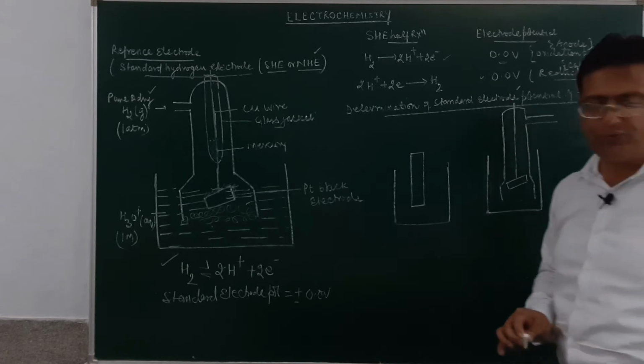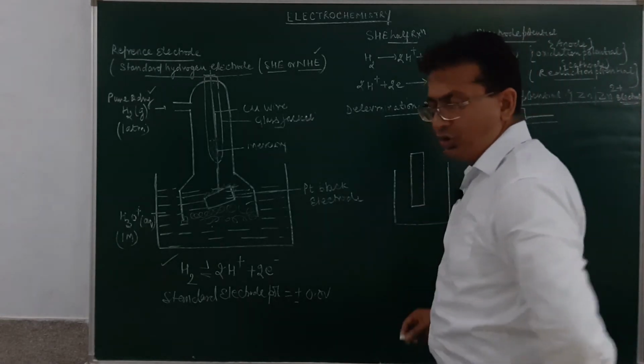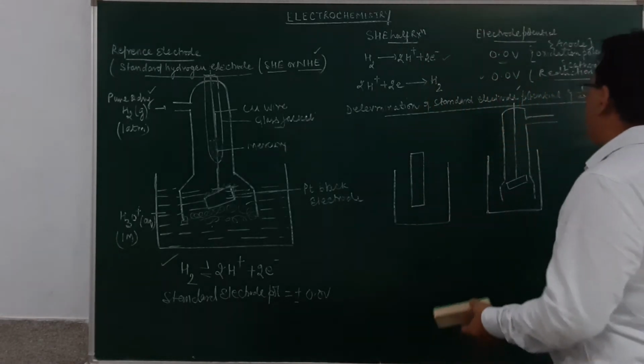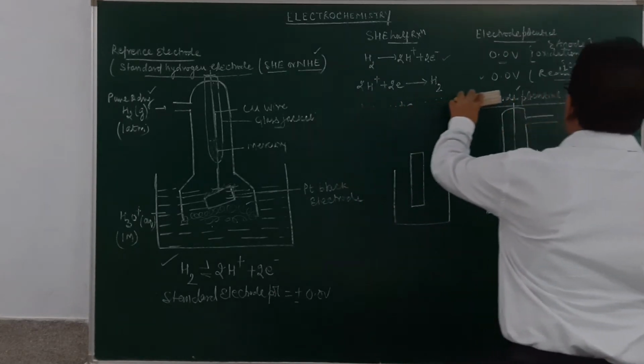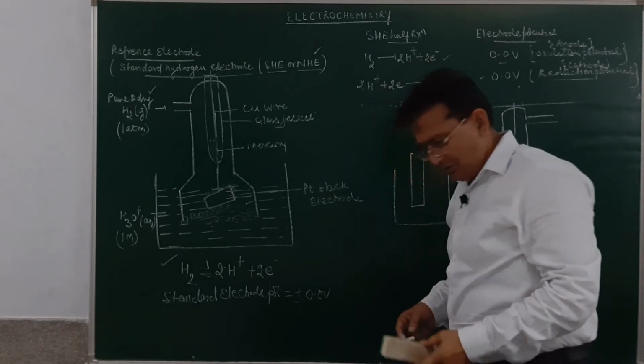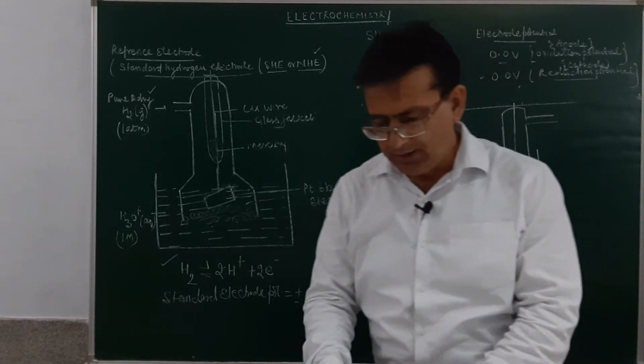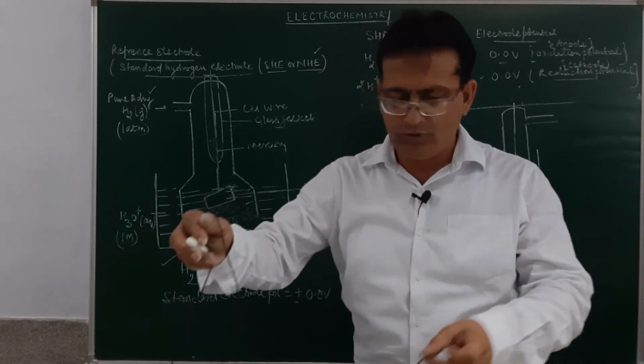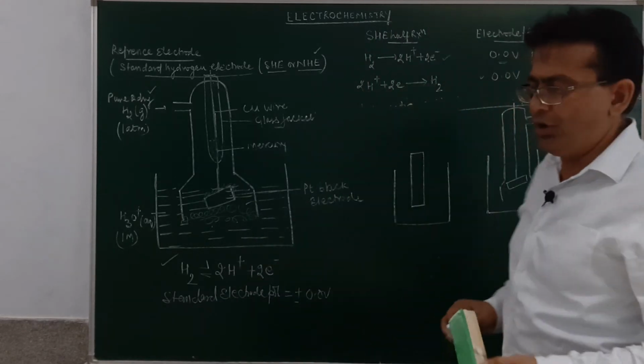Now, how do we do this over here? This zinc electrode is connected with the other electrode with the help of a voltmeter.